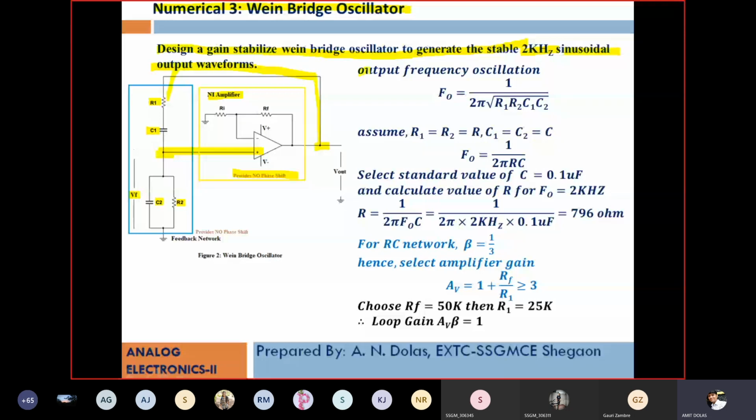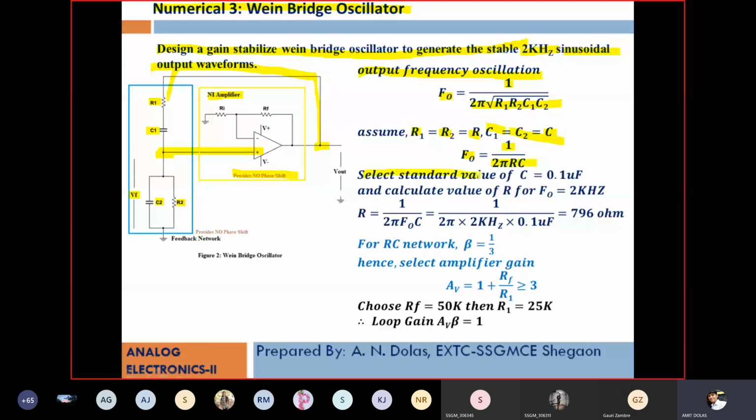We know the output formula: f0 is equal to 1 over 2 pi under root R1 C1 R2 C2. For simplicity, do this step always. We will assume R1 and R2 are the same, say R, and C1 and C2 are the same, say C. So the formula will be modified to f0 is equal to 1 over 2 pi RC.